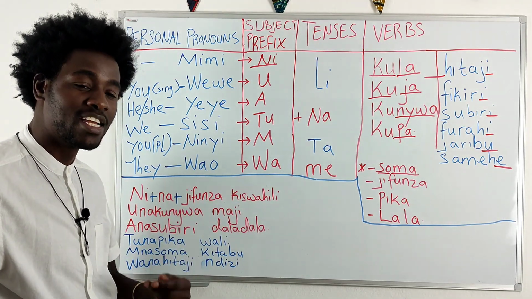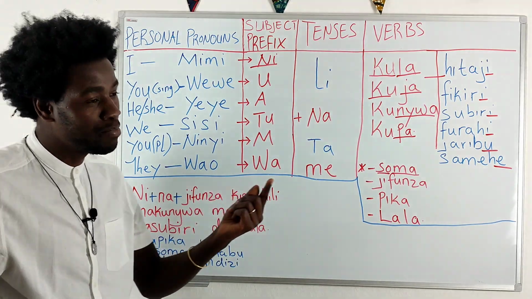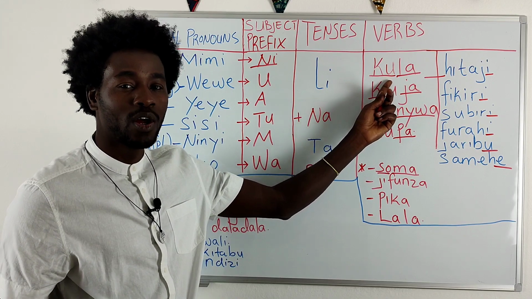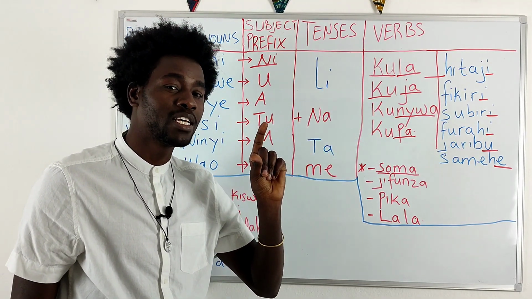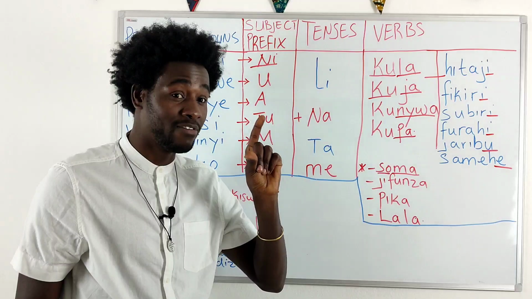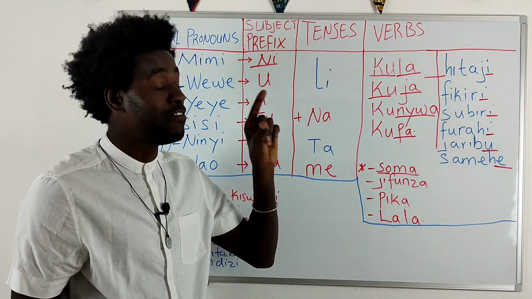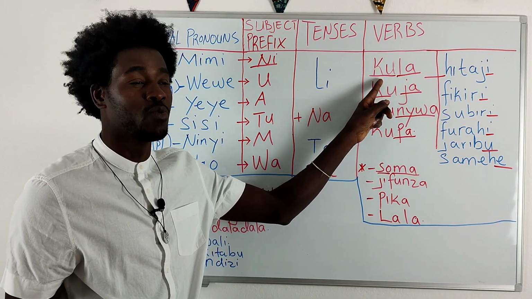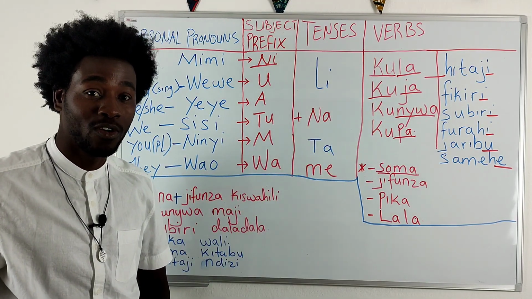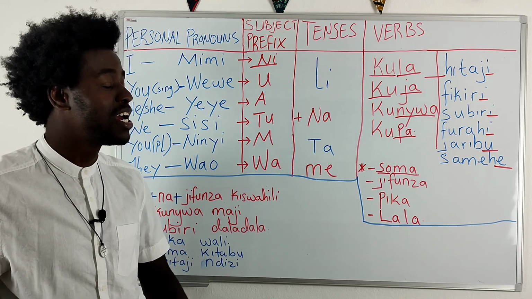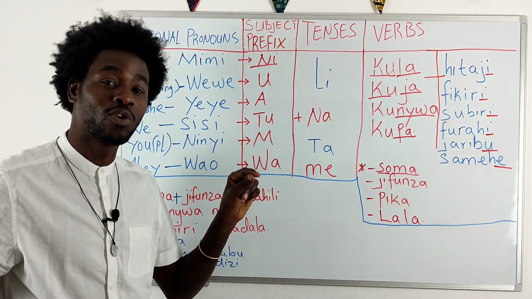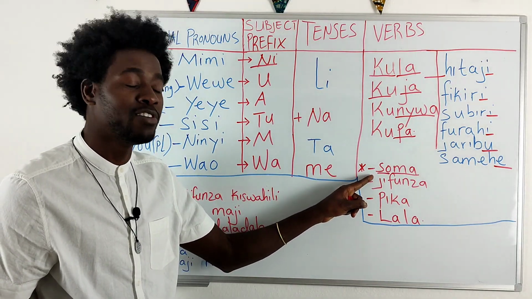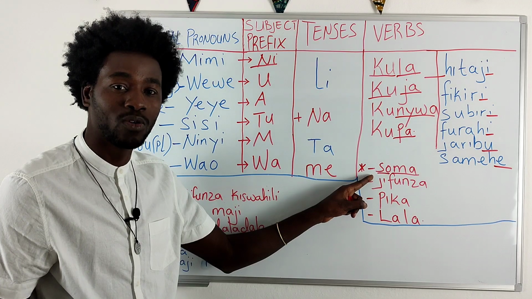And rule number 3 is keep the infinitive ku in all the verbs from monosyllabic verbs. I mean, verbs which have only one syllable, keep ku. And rule number 4, the last rule, is drop the infinitive ku for all the verbs which have more than one syllable.